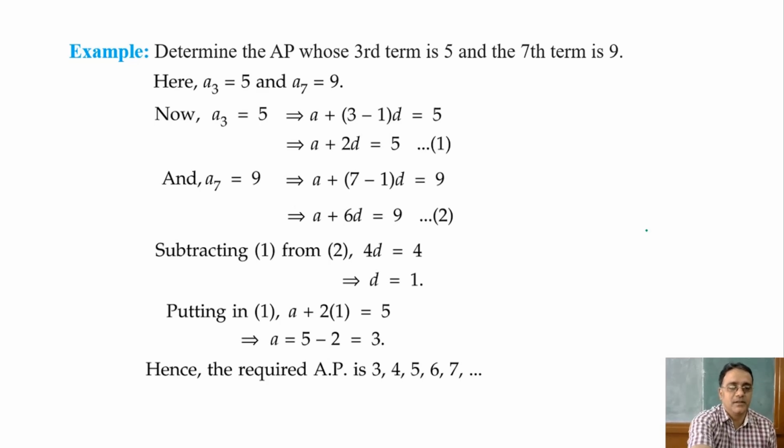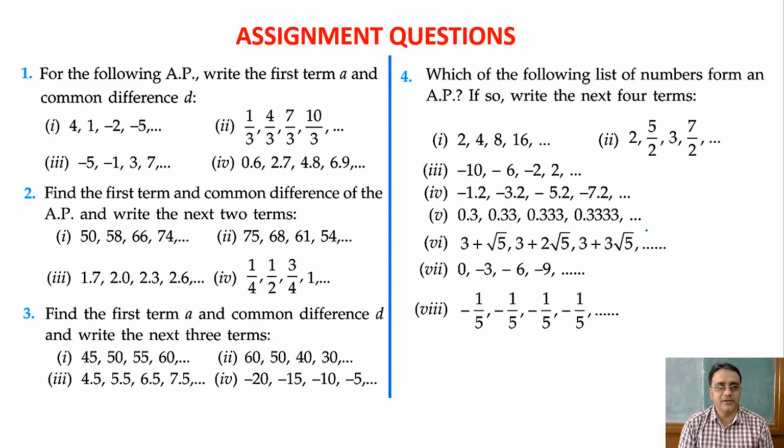Okay. So any doubt here? No, sir. Right. Now we are moving towards the next section, that is assignment questions. In the first question you have to write the first term and common difference only. The next question also, you have to write the first term and common difference, but you have to write 2 more terms.